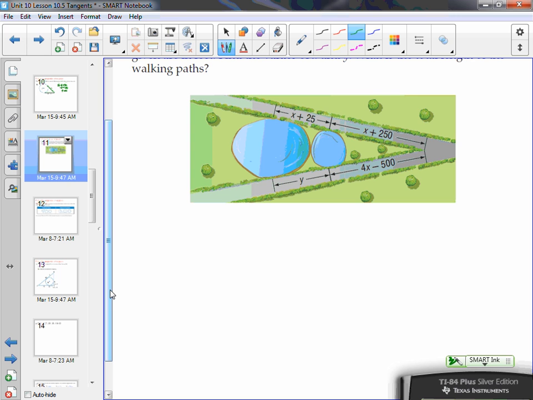Well, look here. From this exterior point, I have this tangent segment and this tangent segment to the same circle. So don't those 2 tangent segments have to be equal to each other? This will give us a way to solve for x. So x plus 250 has to equal 4x minus 500.